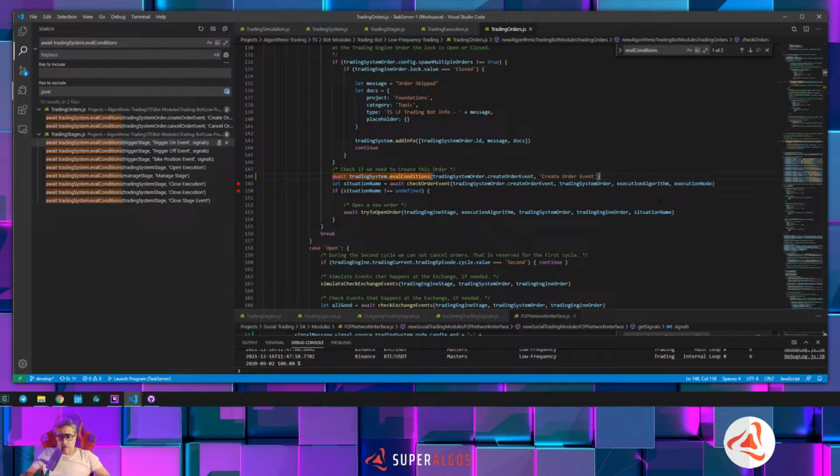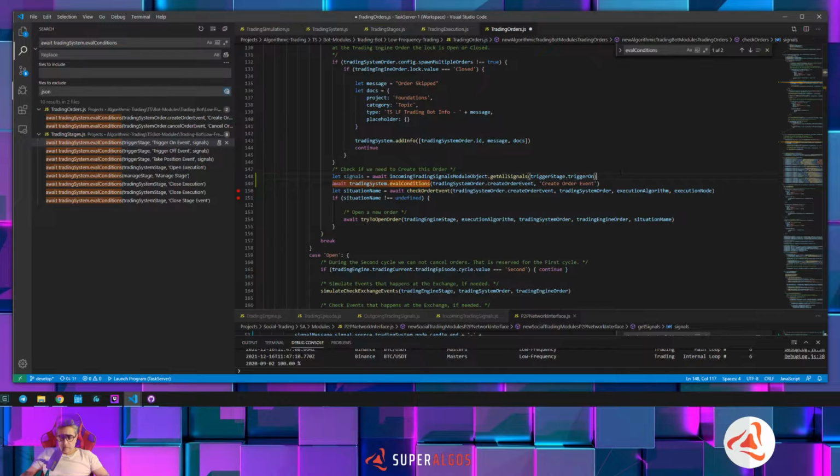That is what we are going to do now. So for the create order, we're going to get all the signals of this guy and send the signals in there.